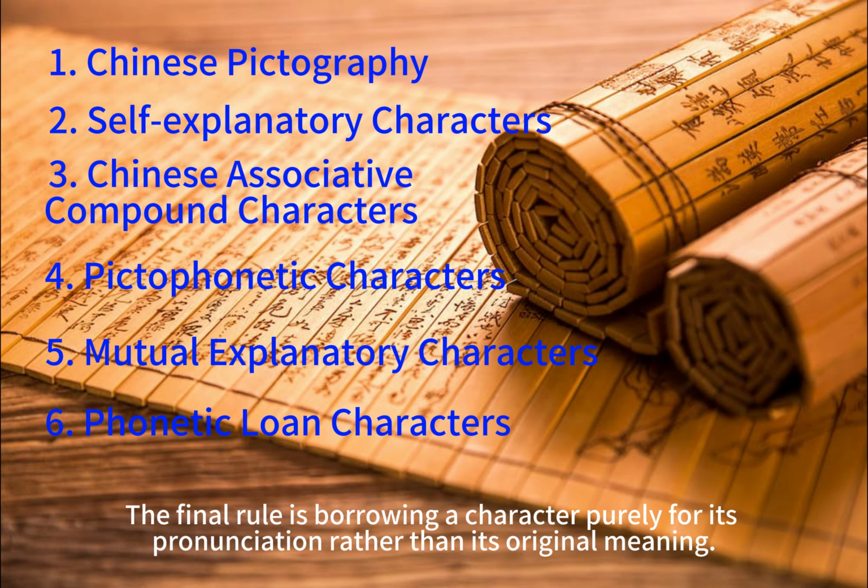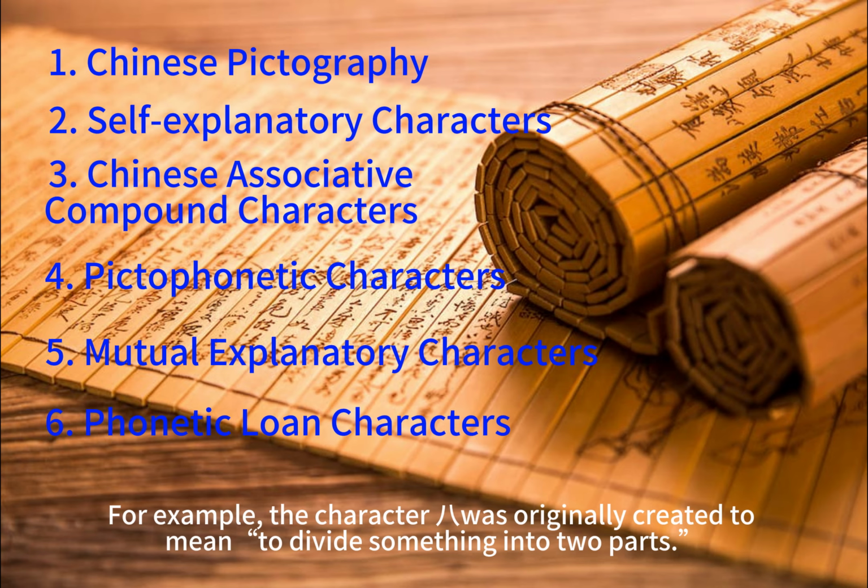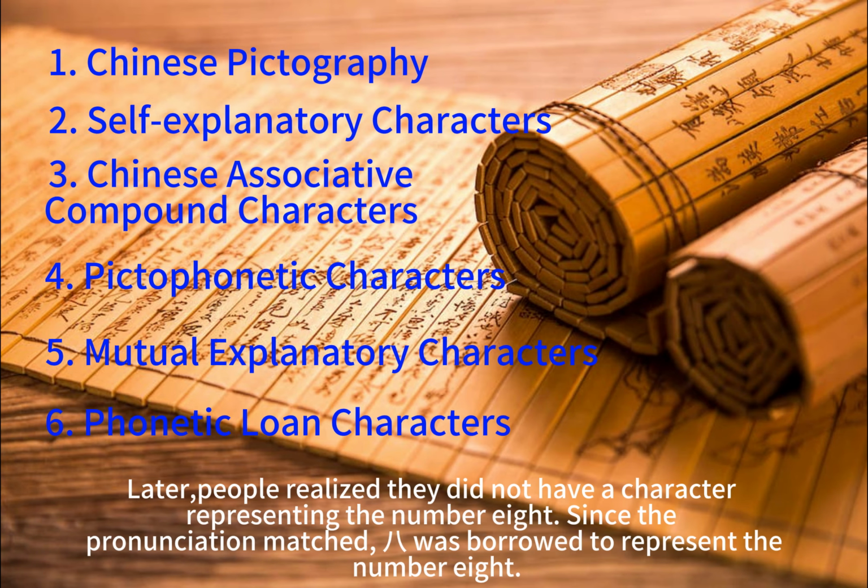The final rule is borrowing a character purely for its pronunciation rather than its original meaning. For example, the character ba was originally created to mean to divide something into two parts. Later, people realized they did not have a character representing the number 8.